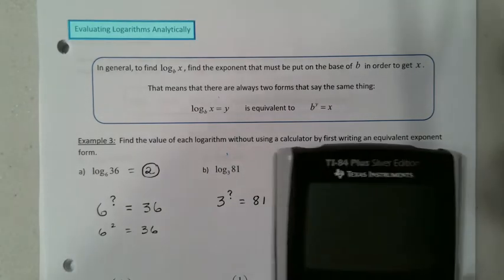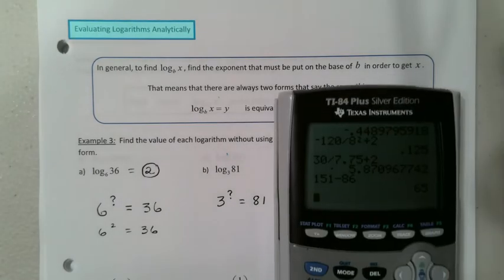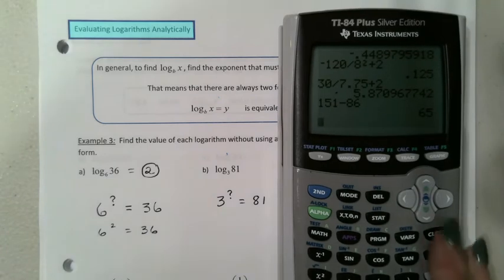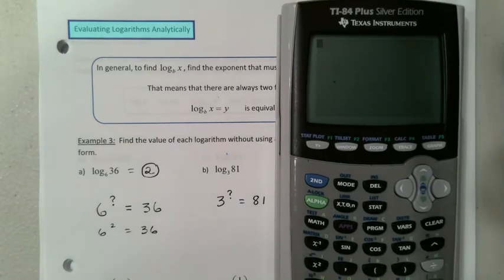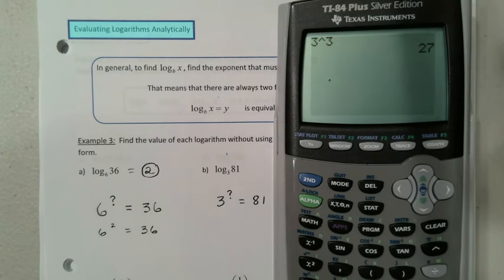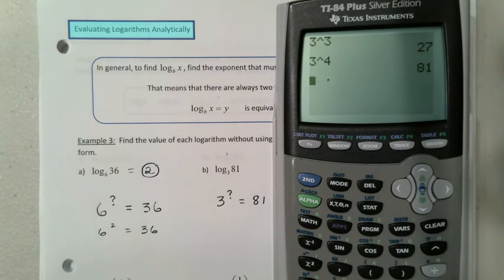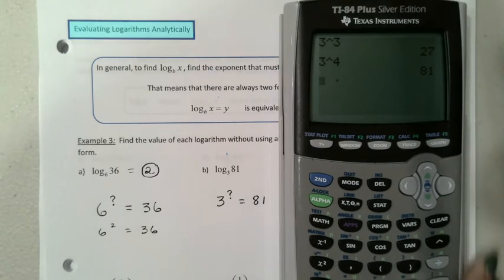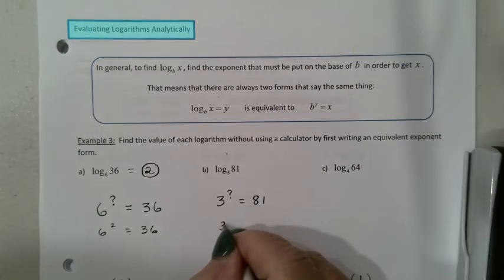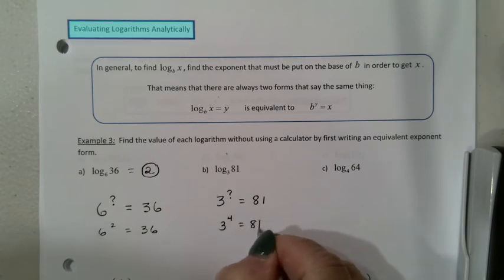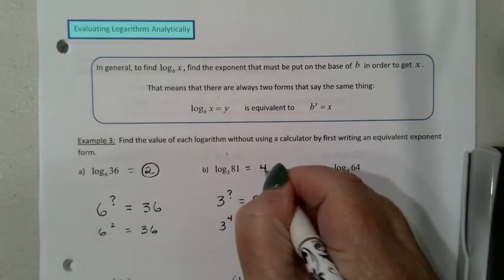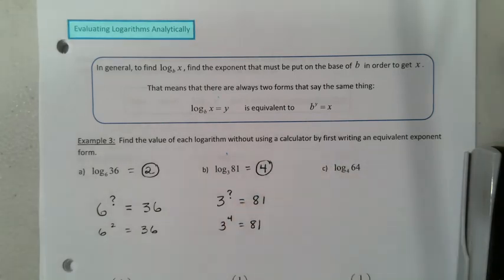And you may already know the answer, but I just want to point out that if you're not sure, you can always grab a calculator and try a few things. 3 to the 3rd power, that's just 27, right? 3 to the 4th power, and there it is. 3 to the 4th power is 81. So the log base 3 of 81 is 4. Again, very important. The final answer is just the exponent, just the 4.